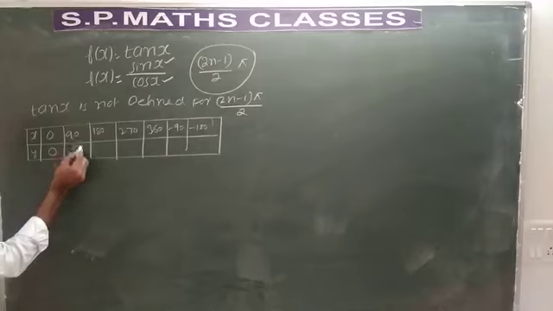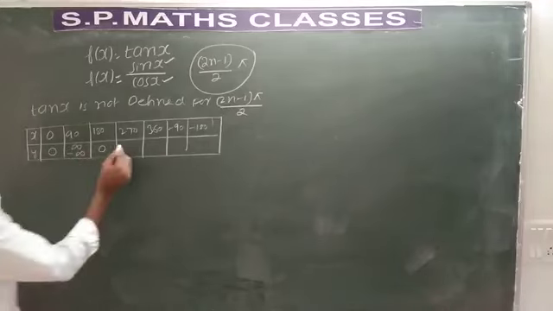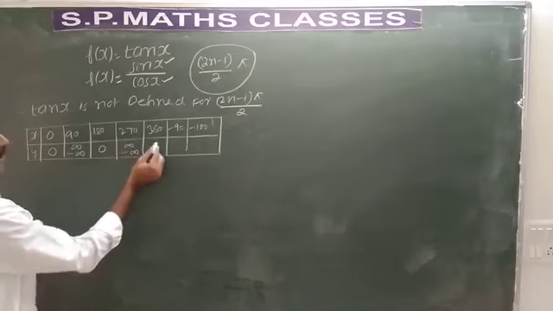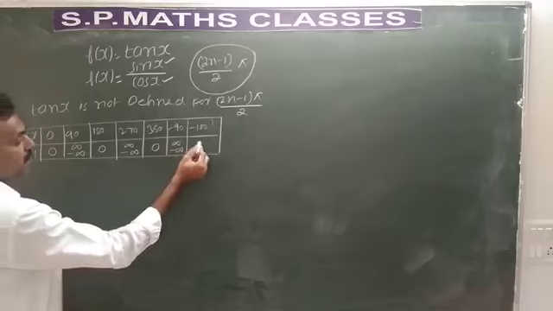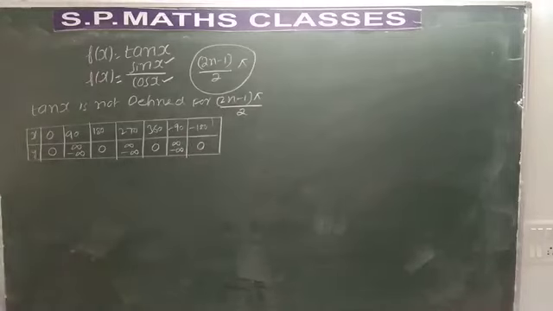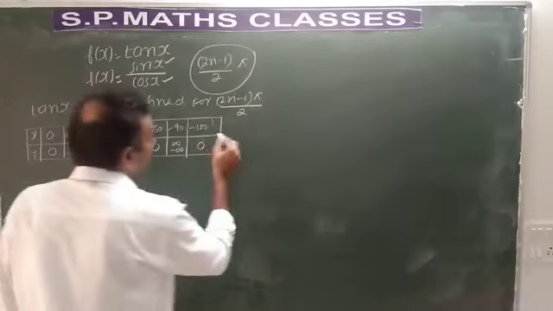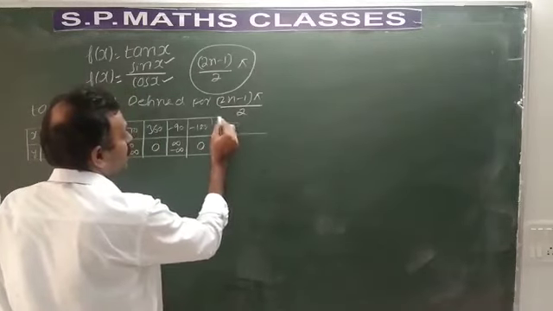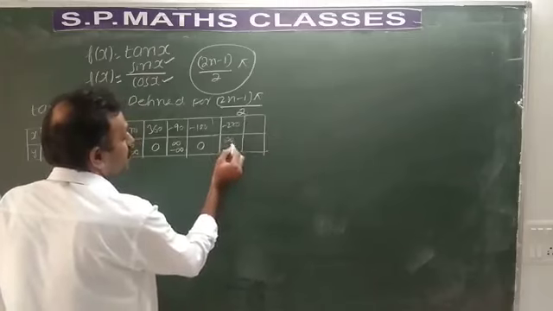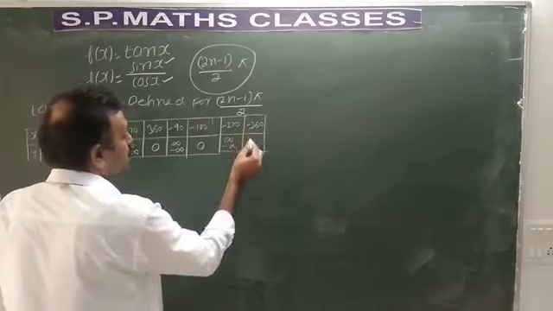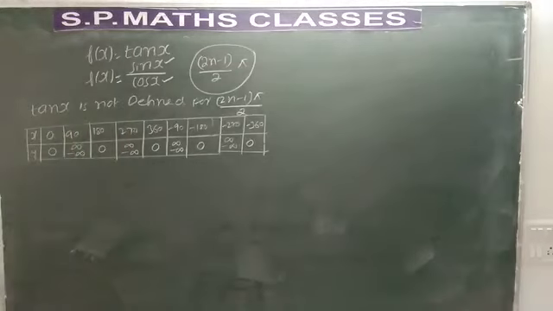Tan 0 is 0, tan 90 is plus or minus infinity, tan 180 is 0, tan 270 is plus or minus infinity, 360 is 0, tan of minus 90 is plus or minus infinity, tan of minus 180 is 0, for minus 270 it is plus or minus infinity, for minus 360 it is 0. Okay?